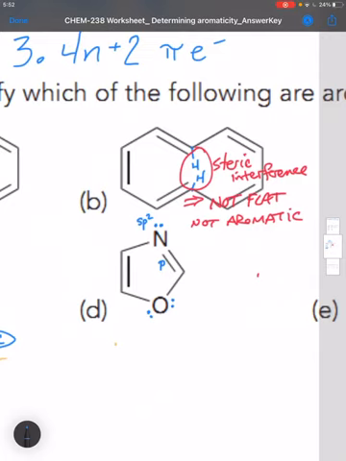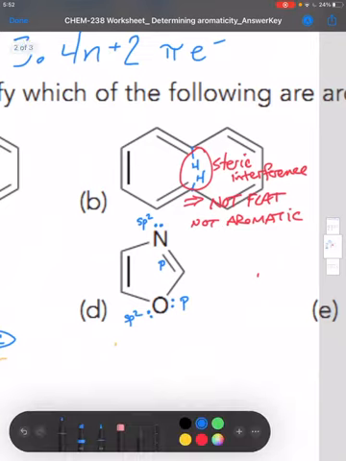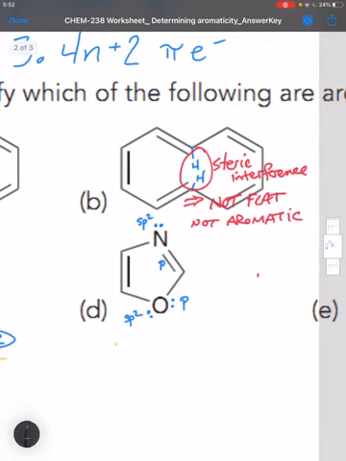Now in order for this to be flat, the same logic as before, to have any shot at being aromatic, the oxygen would have to be sp2 hybridized. And if that's true, then we would have 1 pair of electrons in a hybrid orbital and 1 pair of electrons in the pi system. So if that is the case, then what do we have available to us?